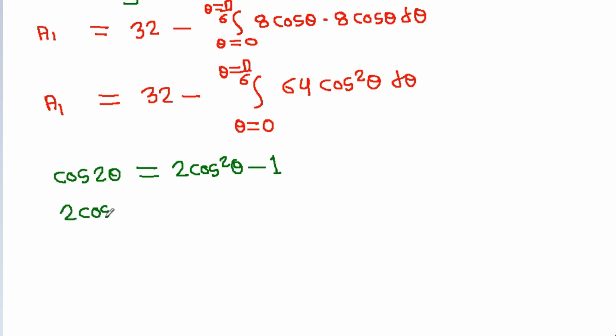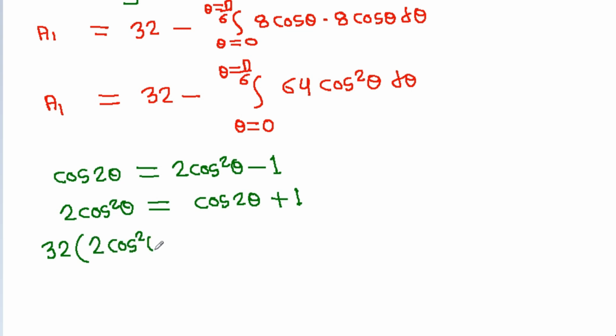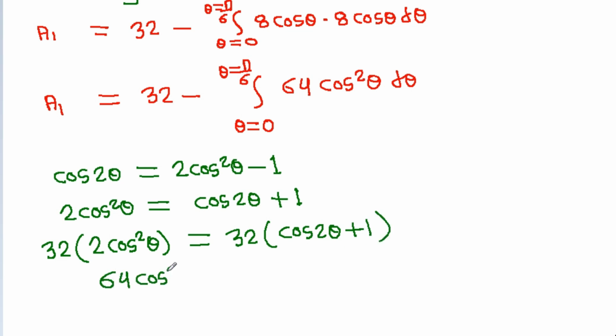So 2 cos square theta will be equal to cos 2 theta plus 1, and 32 times 2 cos square theta will be equal to 32 times cos 2 theta plus 1, and so 64 cos square theta is equal to 32 cos 2 theta plus 32.